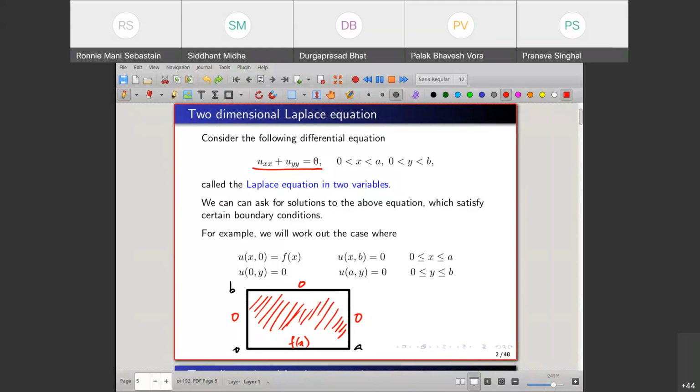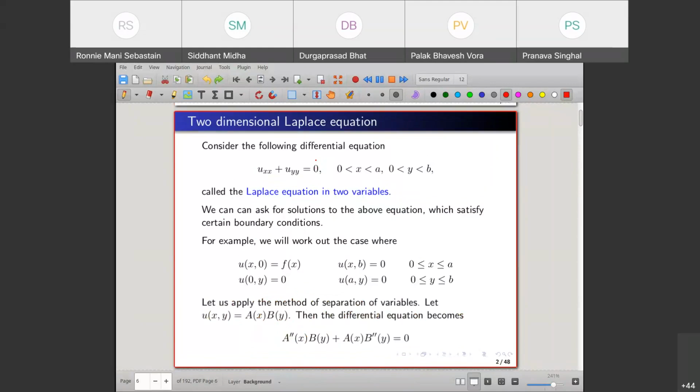So great, how do we do this? Once again, we will use our favorite method, the method of separation of variables. We try to find some solutions to a smaller set of conditions. We let u of x comma y be equal to a of x times b of y, and then the differential equation becomes this.